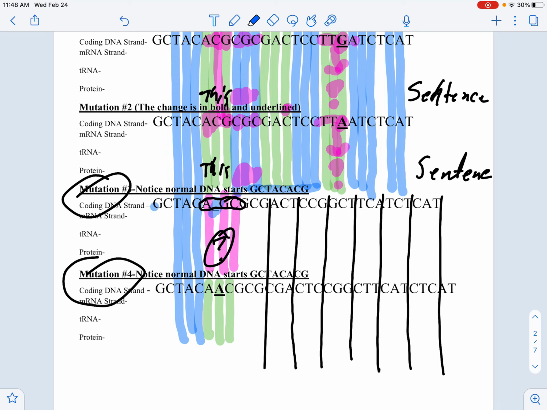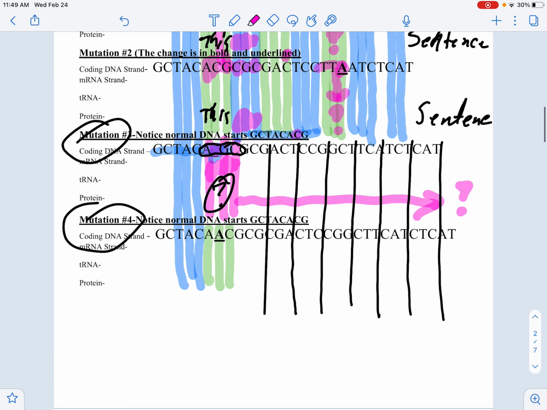Well, here we have that same thing, but we're missing what happened there: we're missing this C right there. That's what's gone out of there. Well, of course, we want to know what effect did that have. Now, these are our groups of 3s, like this is our codon. So we always need to have 3 nucleotides in a group. And you got to go through, do your decoding and figure out, do we still get a sentence here?